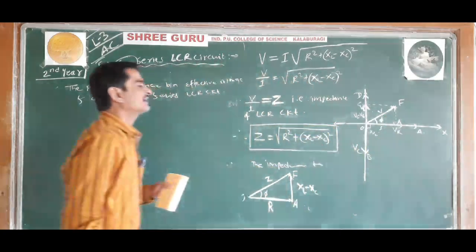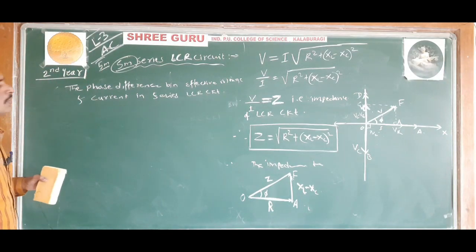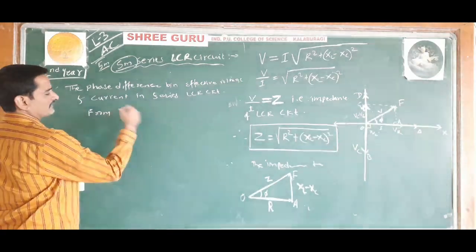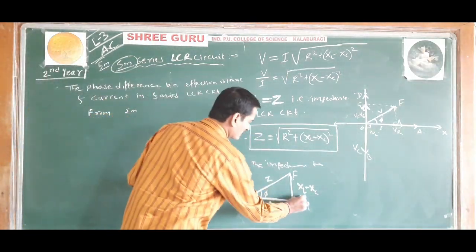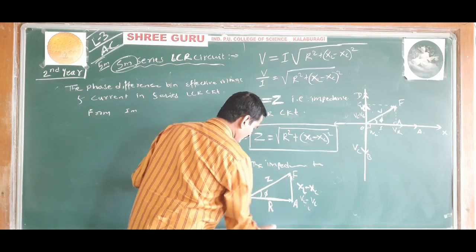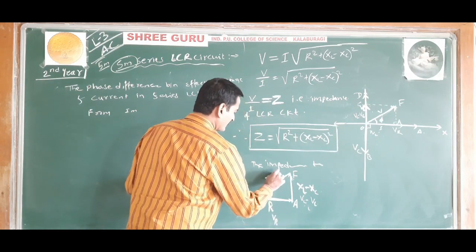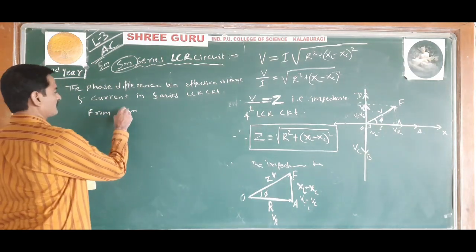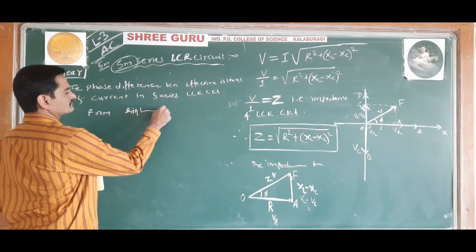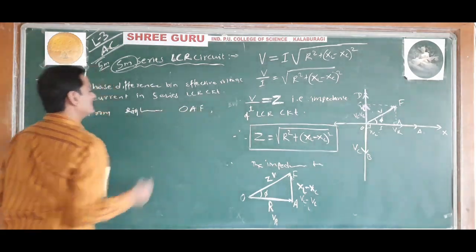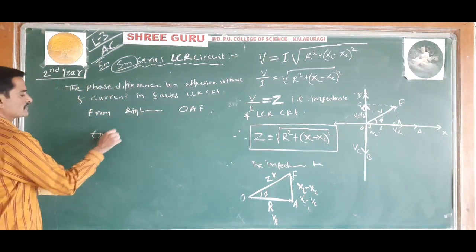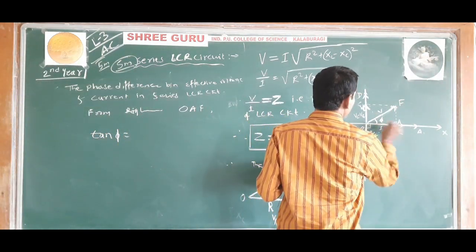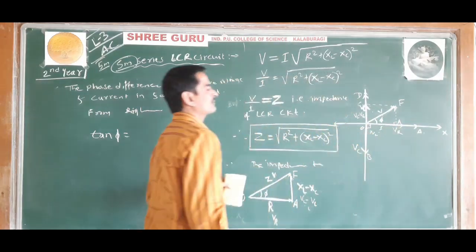Now from the right angle triangle, or the impedance triangle OAF, here we can write VL minus VC, this one, and this is VR, and this will be V. So we can write tan phi is equal to AF divided by OA.